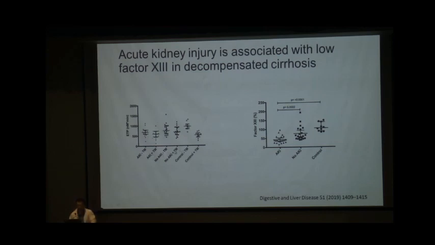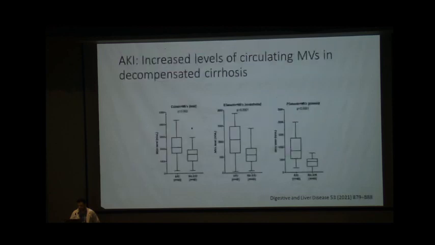The only distinguishing feature in patients with AKI in decompensated cirrhosis is a low factor 13 level. They basically have poor clot stabilization and an increased risk of bleeding.